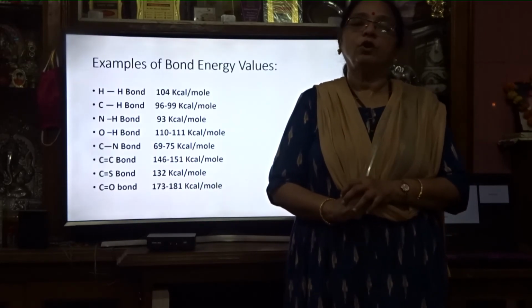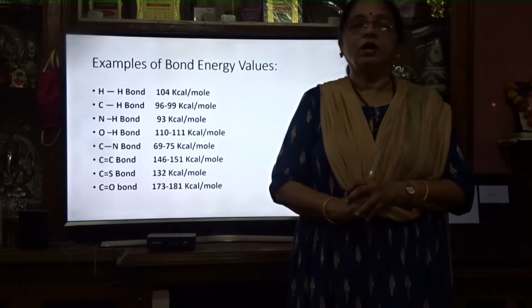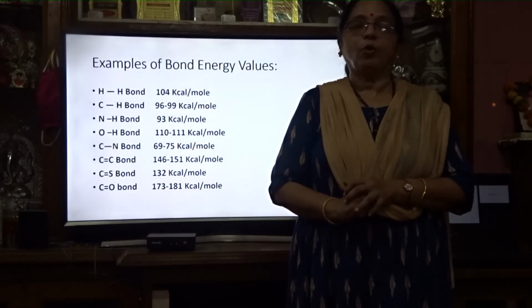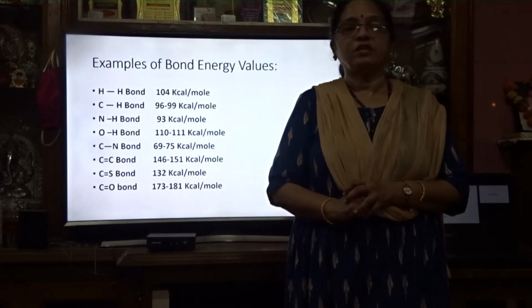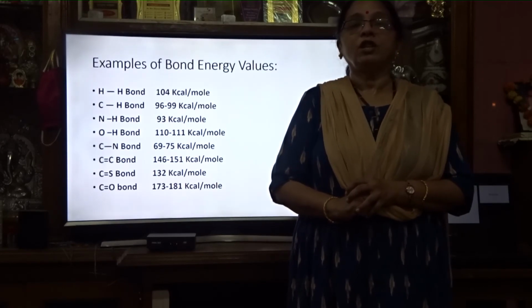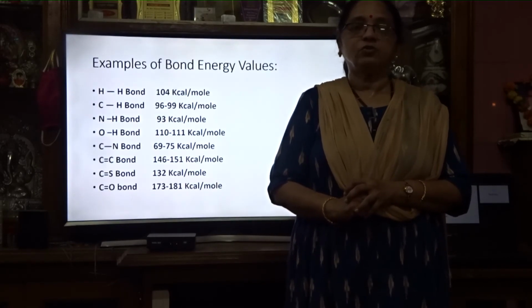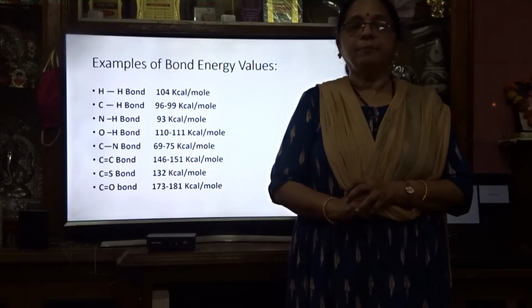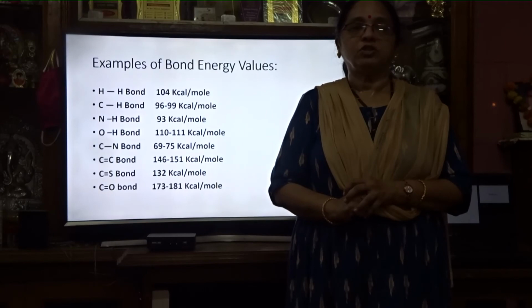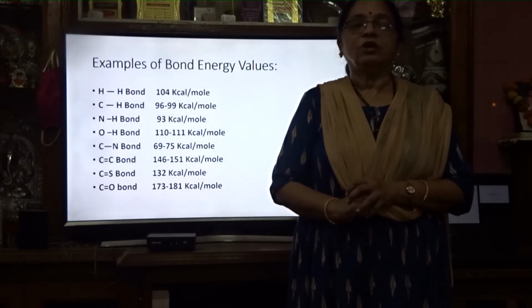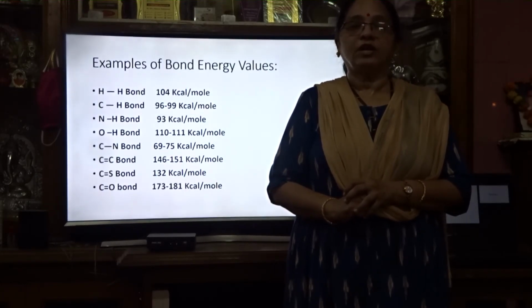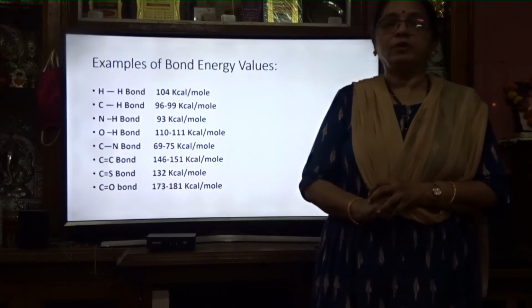When it is a diatomic molecule, you take the bond dissociation energy, but when it is a polyatomic molecule, all the bonds are breaking and you take the average, which is known as average bond energy. For diatomic molecules, bond dissociation energy and bond formation energy are the same, but this is not the case for average bond energy. So these are the topics we have studied today.